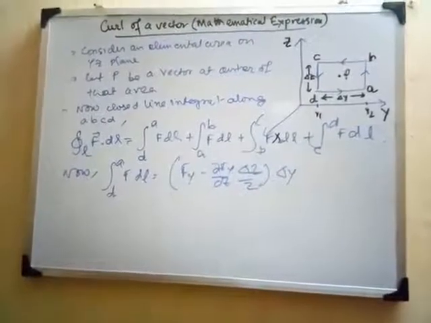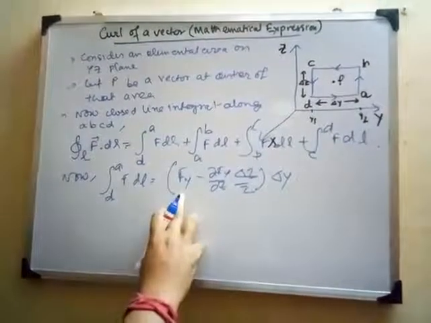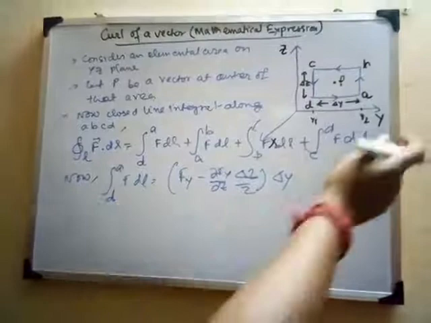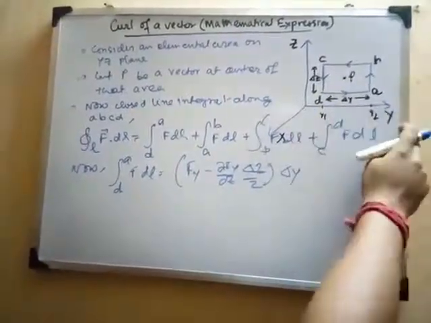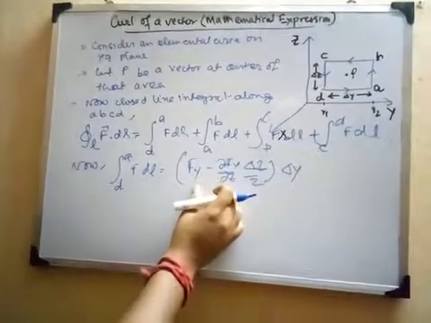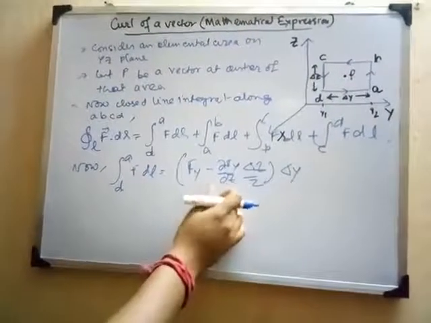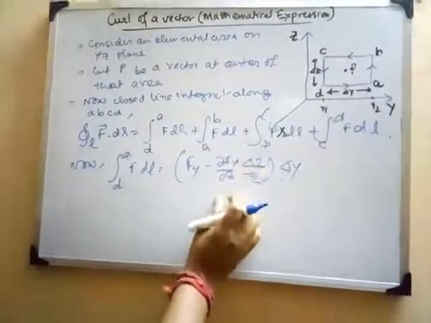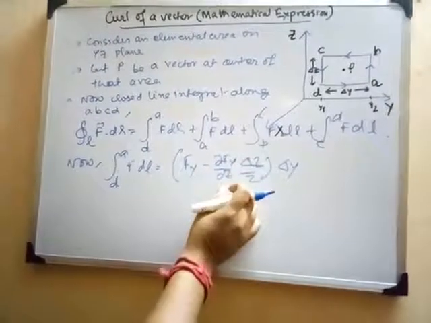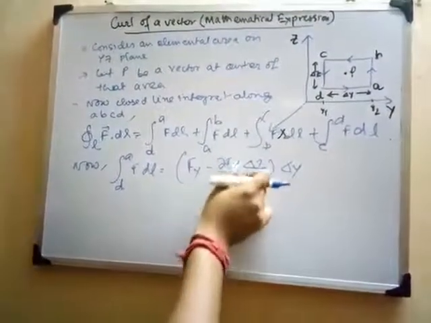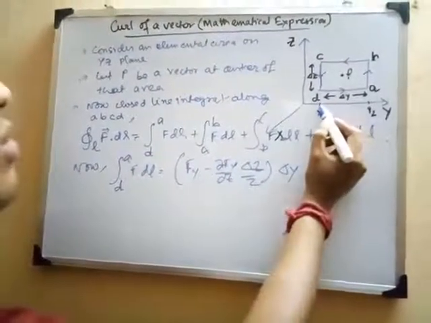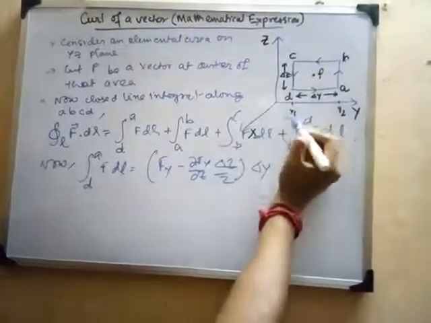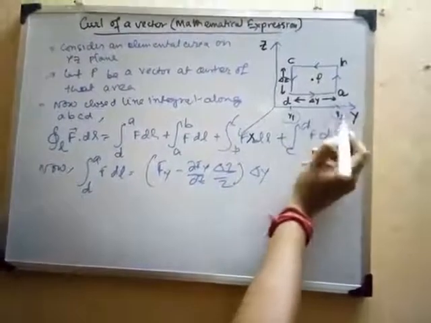This is the fy vector, since we are talking about d to a, it is in the direction of y. So we have written the function in terms of y here, and minus this smaller element of del fy by del z. Why this smaller element? Because the y position is changing from y1 to y2 actually.